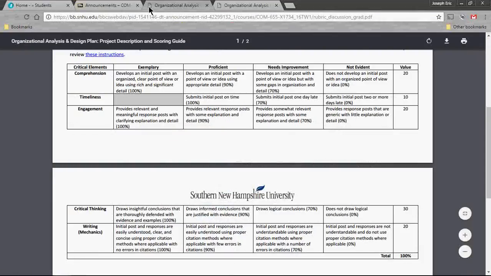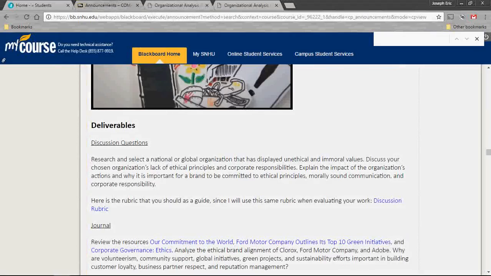And again, that should answer all of the questions that you have. You should be able to use this same approach for every discussion question, every journal entry, every written assignment, the final project in this course with me, and with every other class that you take.